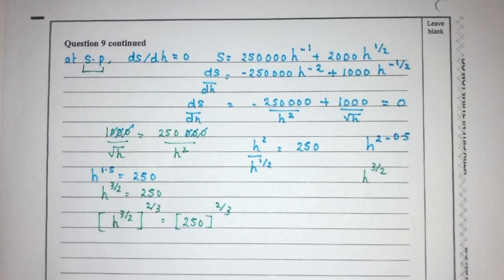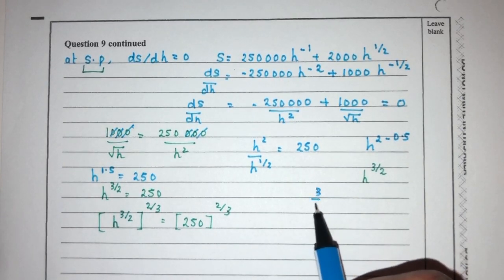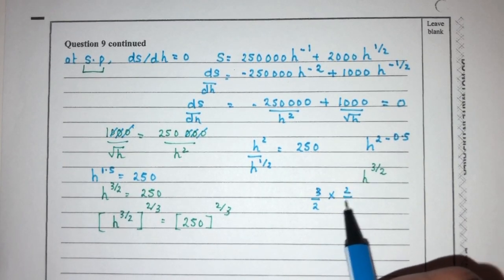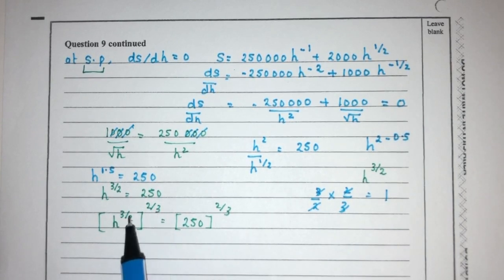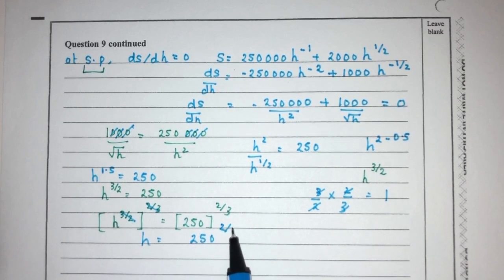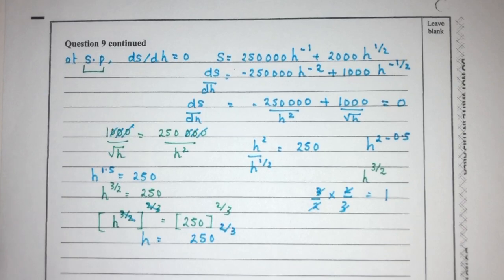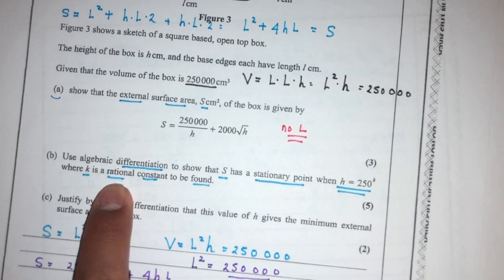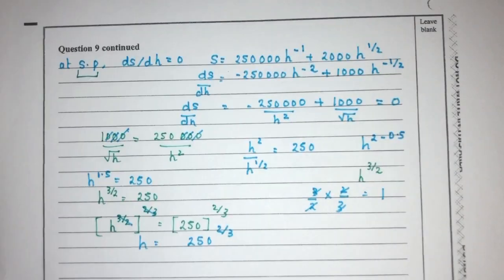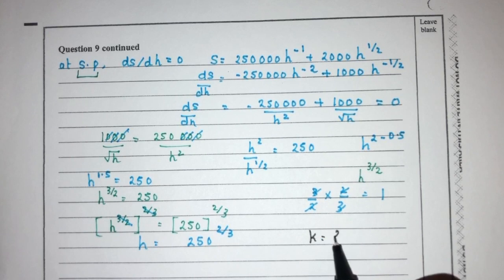Because again, as you can see, what is 3 over 2 times 2 over 3? It will cancel out. It will become 1. That's why I applied this. So this can cancel out with this. That will be H will be 250 power 2 over 3. As you can see, the question was asking you for the value of K, which is a rational constant. So K has to be the value of 2 over 3. So K is equal to 2 over 3.